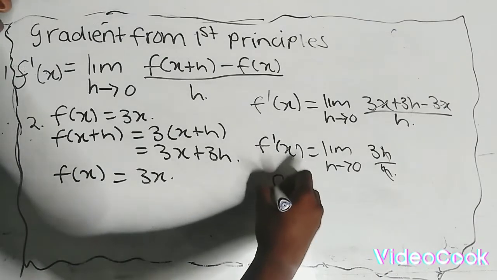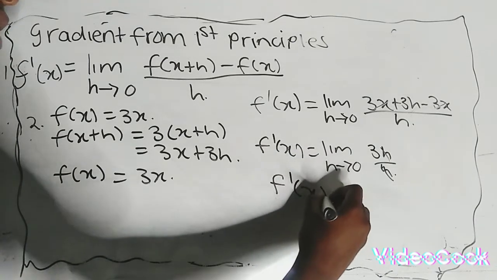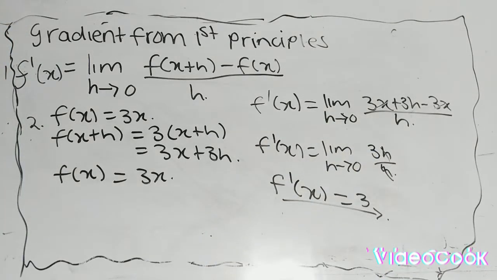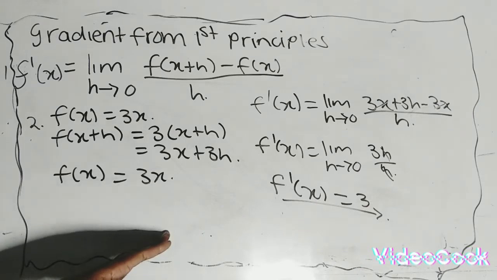So our f prime of x is just going to be a 3. Okay. Our final answer, our gradient is just a 3 there. All the values of h, they cancelled out. So that's how we calculate gradient from the first principles. That was for f of x is equal to 3x.